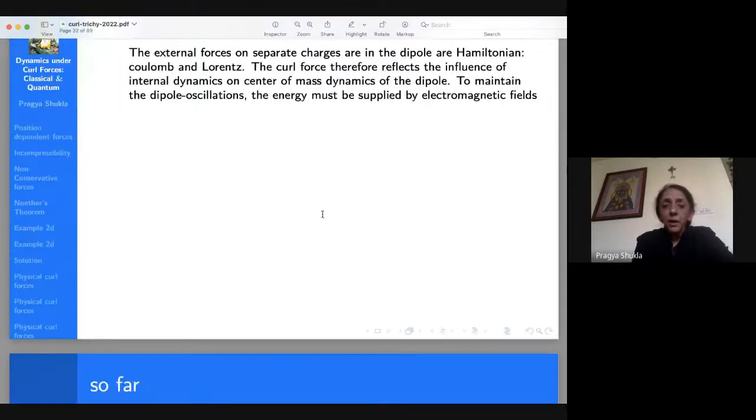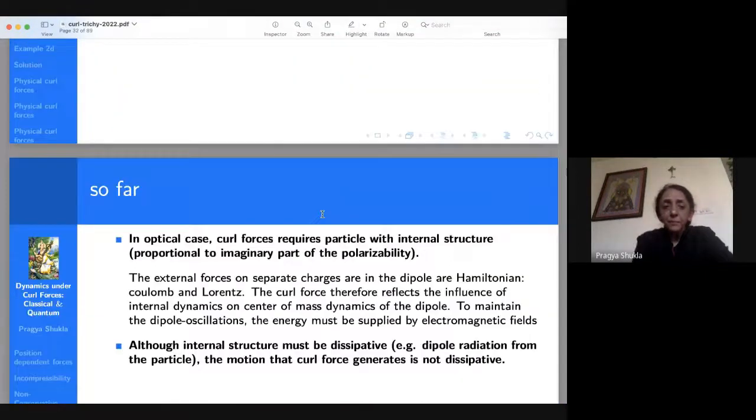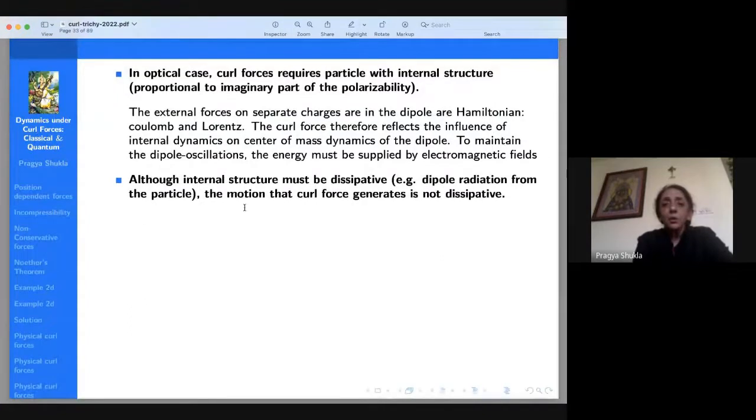So all the internal structure must be dissipative. That means dipole radiation from the particle. The motion that curl force generates is not dissipative. That I have already said, because every time the electromagnetic field replenishes the lost energy. Okay, so that's how it maintains the volume preservation.